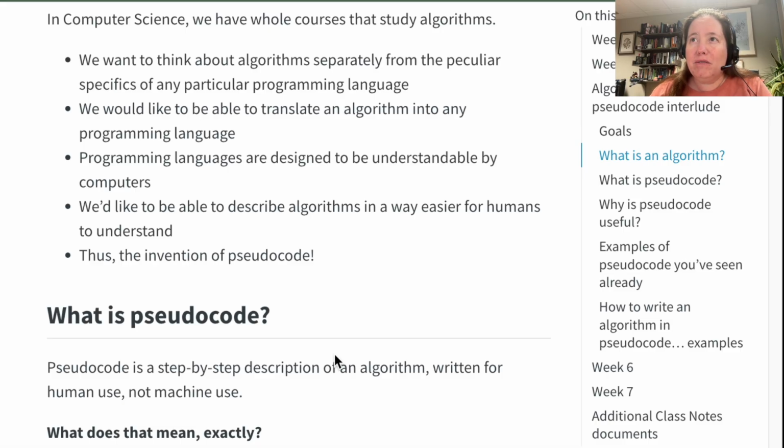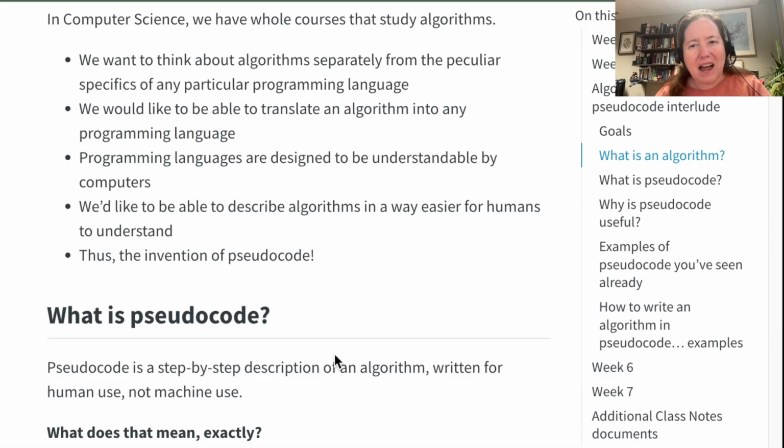But there are a couple of details that we're looking for that lead us into wanting to have and use pseudocode. So we want to be able to think about the process, the algorithm, separately from any particular programming language. Each programming language has its own kind of unique idiosyncratic syntax. It has specific tools that it provides that may be different from another programming language, but the underlying algorithm is an idea, it's a concept.